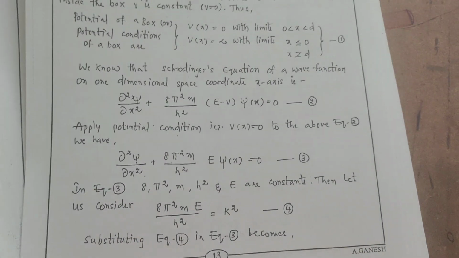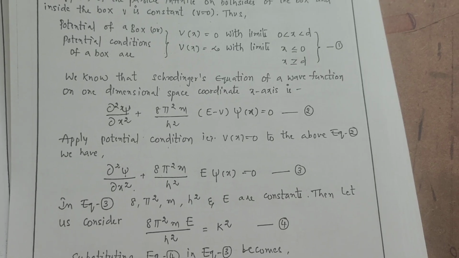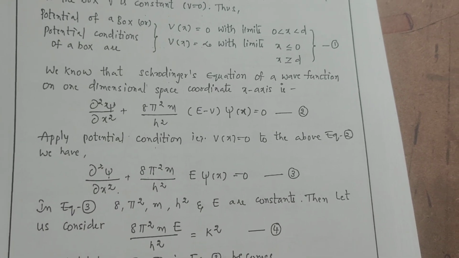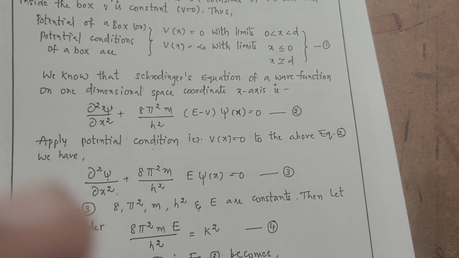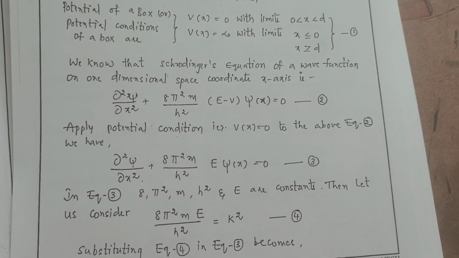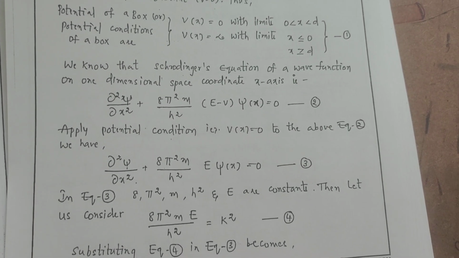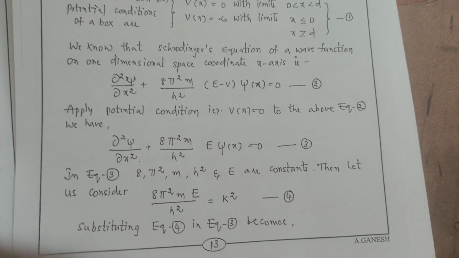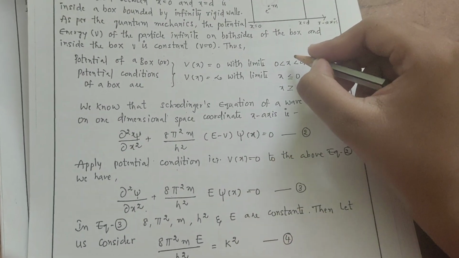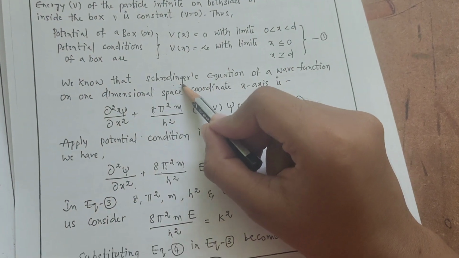In the previous session I have discussed the Schrödinger equation of a wave function. According to that, we write the equation as number 2, the Schrödinger wave equation we have discussed.